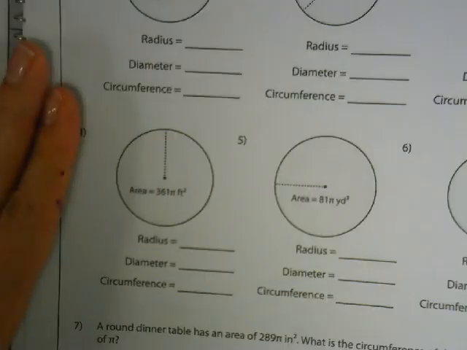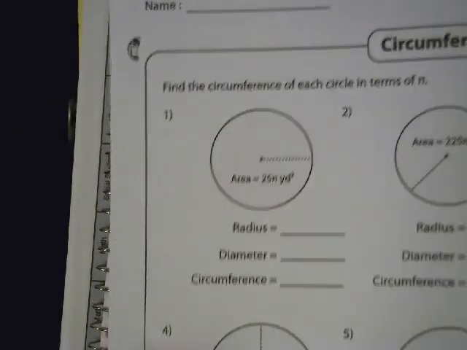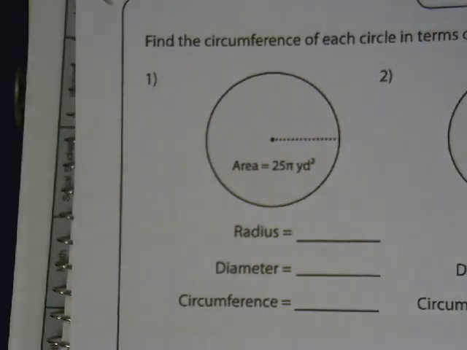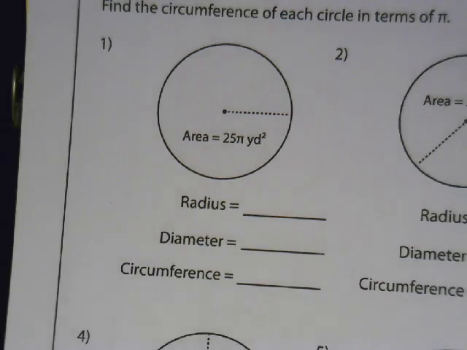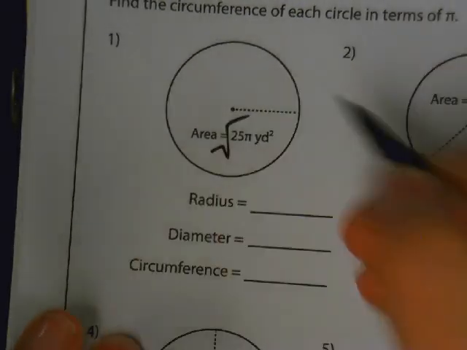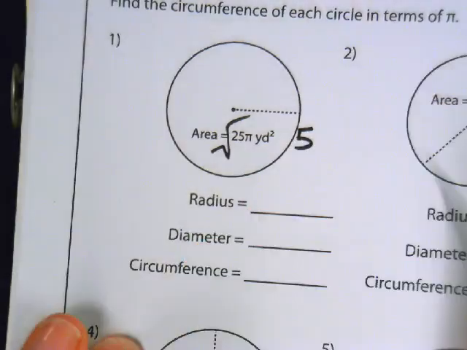Okay. We already did number 1. It's in our notes. So when you see pi, you're like, fantastic, easy. Because all you have to do is do what? Square root. Not square, square root. So I have to take the square root of 25. What's the square root of 25? 5. Now, what is 5?